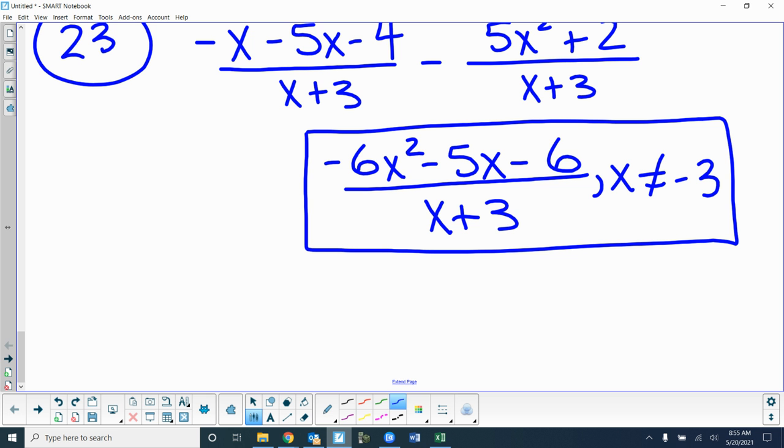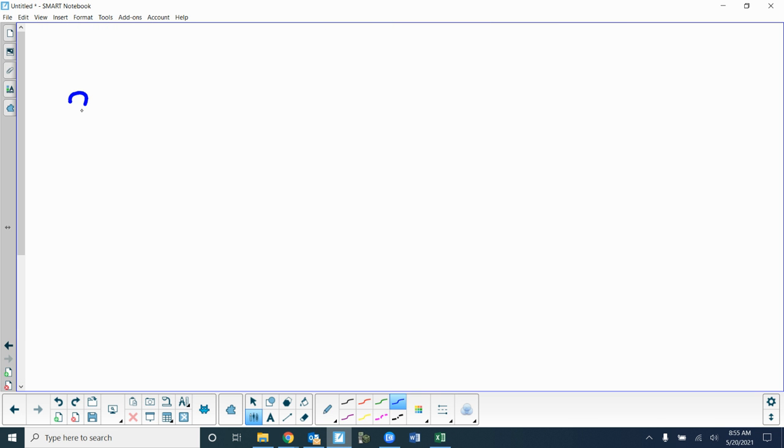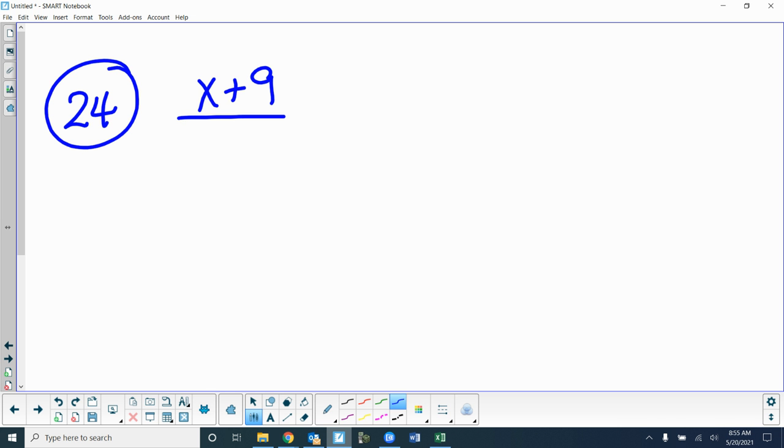Okay, the next two are the tough ones, because we don't have a common denominator. We have to find the common denominator before we can add them or subtract them. So, write yourself a note.